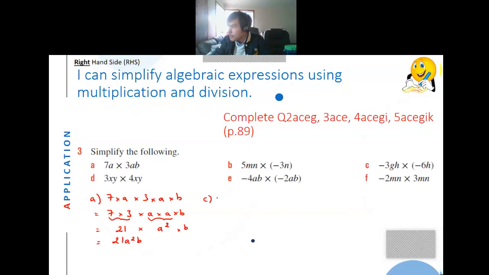Next, we've got negative 3 times g times h times negative 6 times h. The negative sign here goes along with the 6. So group them together, negative 3 times negative 6. Now you may be asking, why is it that one negative number has a pair of brackets and the other one doesn't?